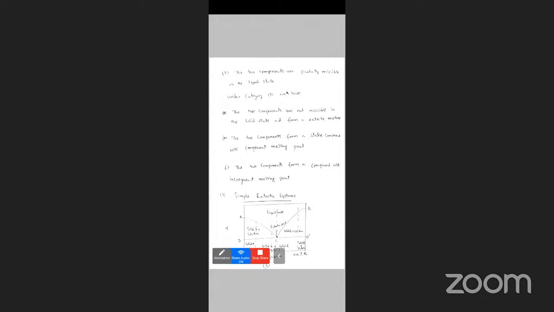On increasing the addition of A to B, the freezing point of B falls along BC. That is, when A is added to component B, its freezing point gradually decreases.